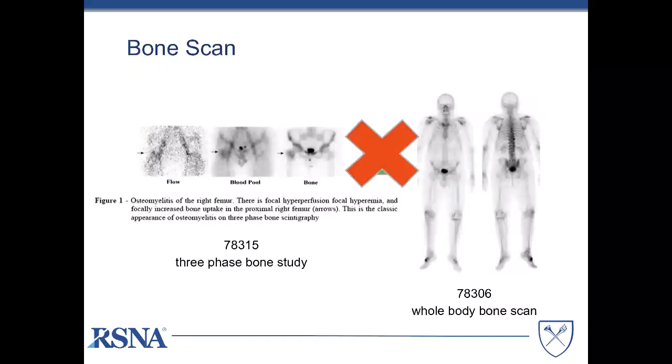No, you cannot report both codes, since the whole body scan is the same as the delayed static bone images from the 3-phase study and is therefore already included. It would be appropriate to report 78315 only, given that the whole body scan is considered the 3rd phase of the 3-phase study.